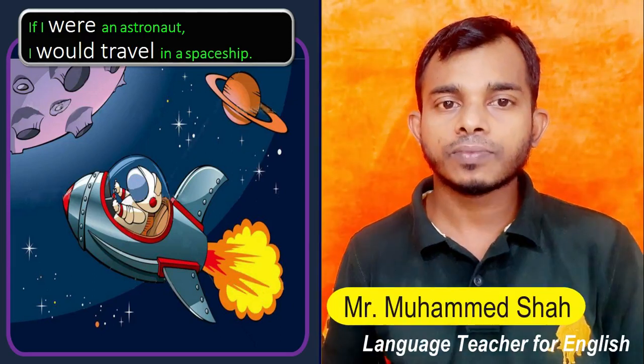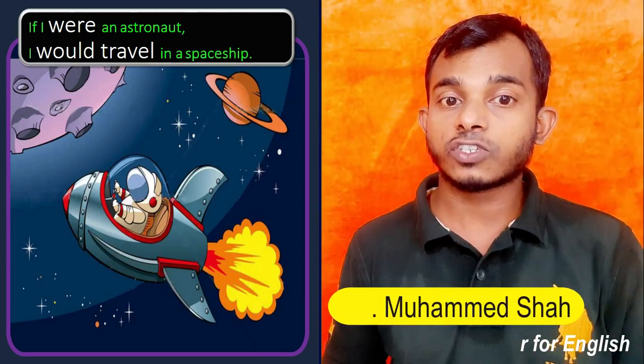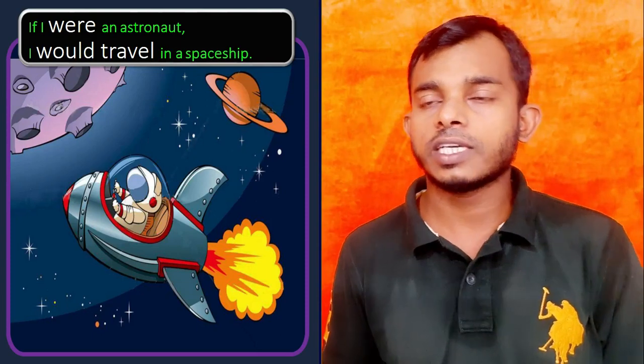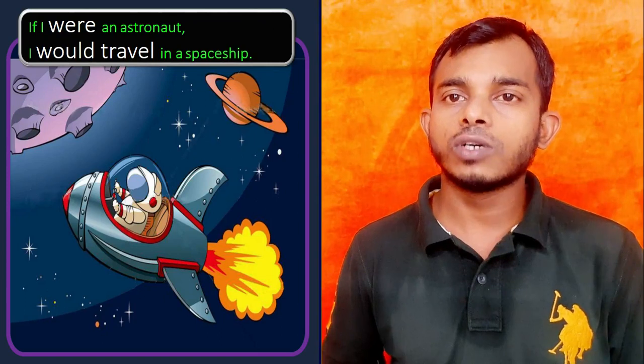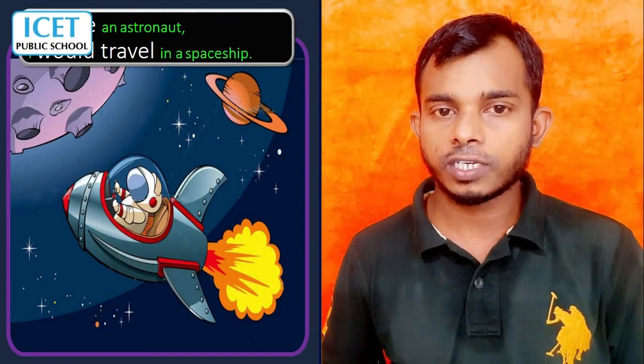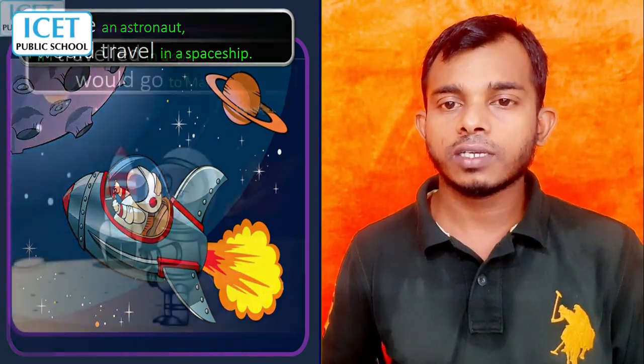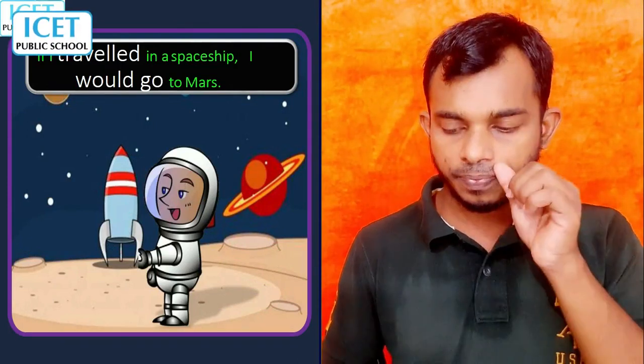Another example. If I were an astronaut, I would travel in a spaceship. Got it? Then next, if I traveled, what tense form is it? I traveled is what tense form? Simple past tense.